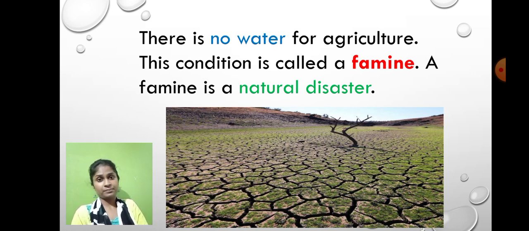Always remember that if there is no water, there is no agriculture, and the water deficiency will only be fulfilled by rainwater. And if we want the rain to fall on time, then always remember, students, we need to plant trees.